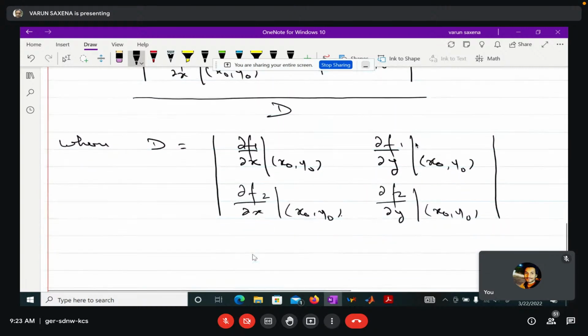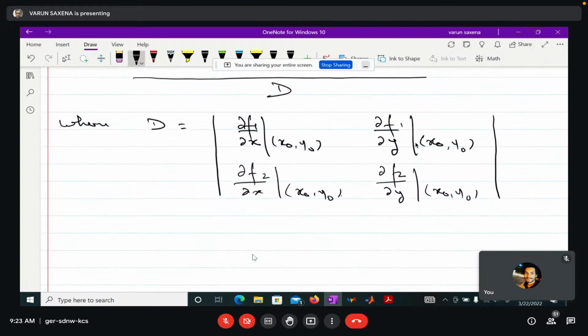And once you have h and k, then you have x1 and y1, and then you just keep on iterating that way till you reach some level where you can say, okay, I have reached. So this is how you find h and k, and then your next iteration, your x1 is going to be x0 plus h, and your y1 is going to be y0 plus k.